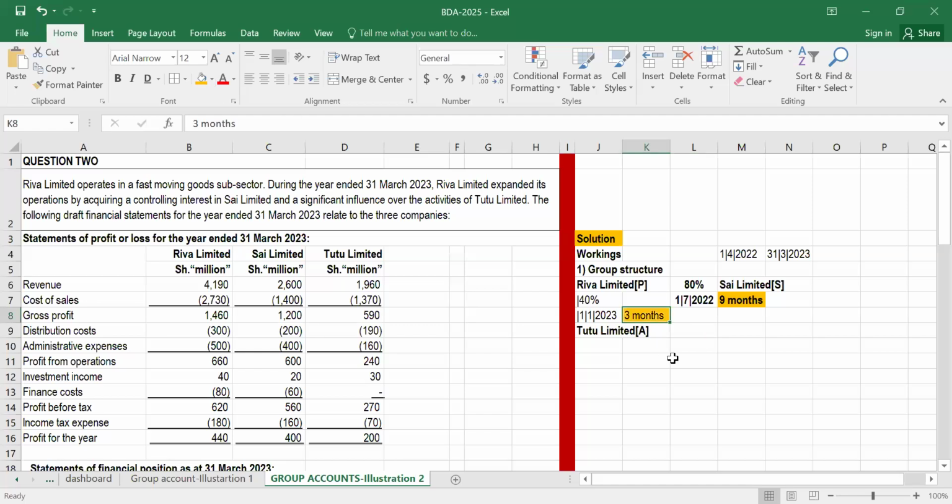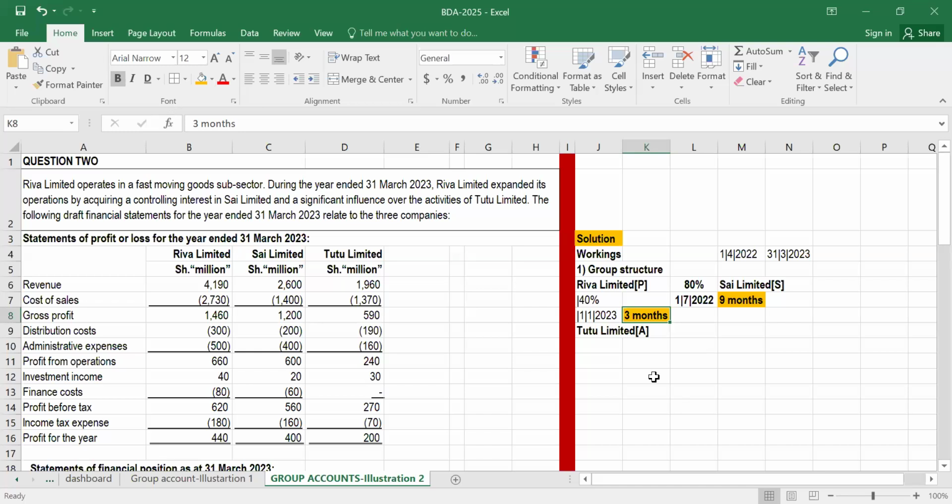And therefore, if you can recall what we said yesterday, when preparing the group account, we don't include the revenue and expenses of the associate or even that of the joint venture in the consolidated income statement.